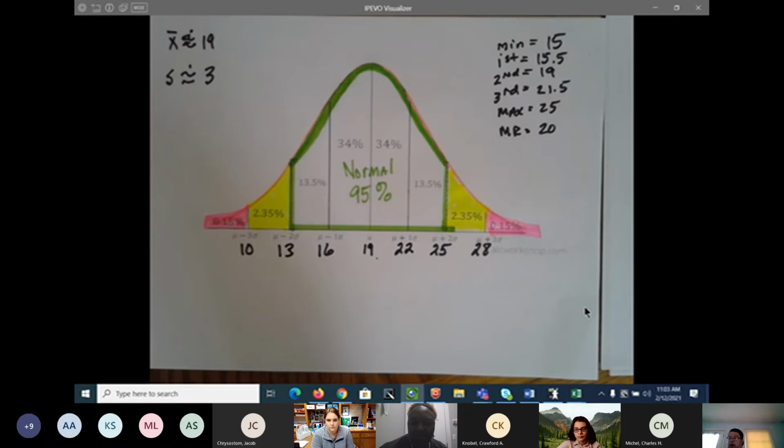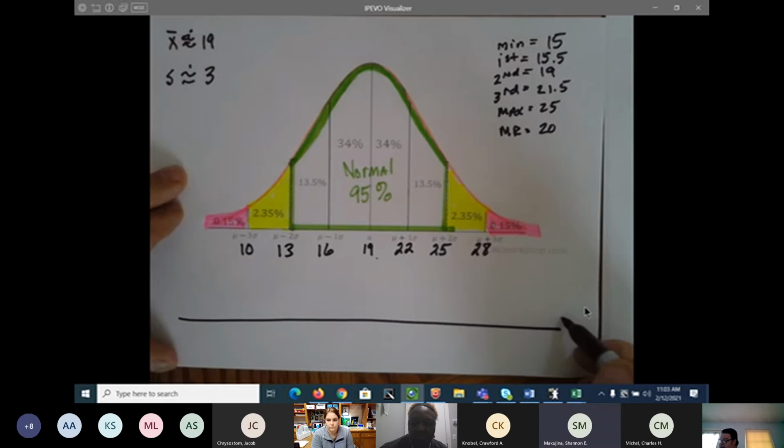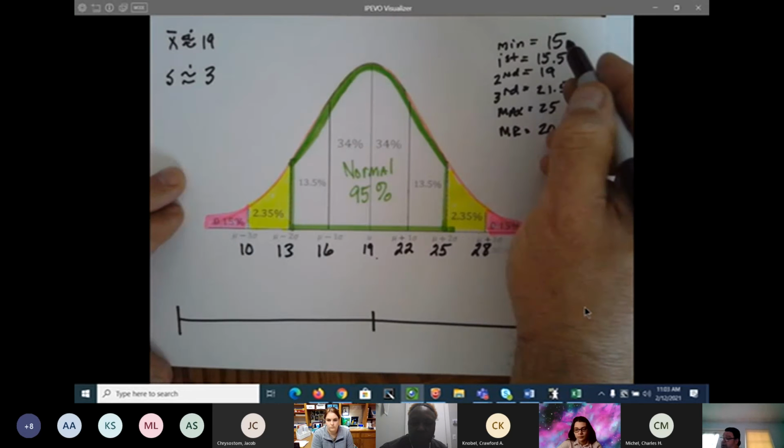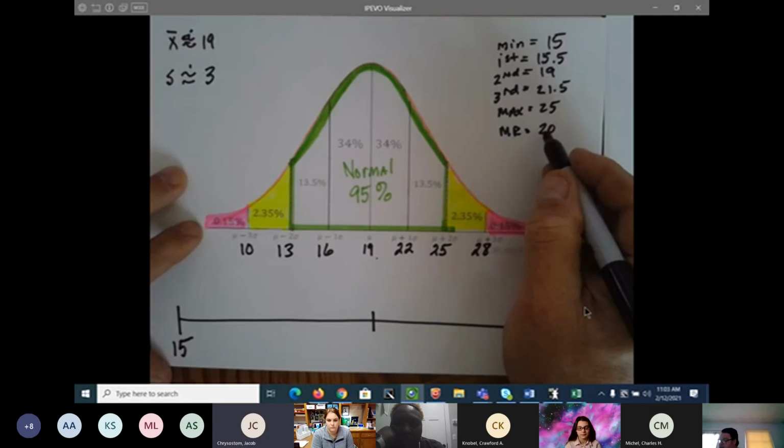Now let's do the box plot, because I'm about out of time, I know. Box plot, 3 numbers. Your min is 15. Your max is 25. Your median is 20. And this is going to be 17.5. This is going to be 22.5.